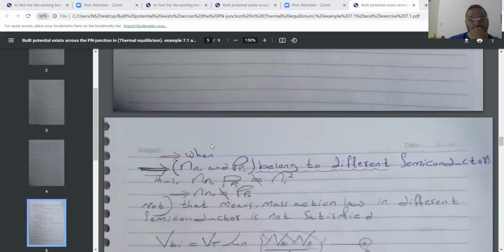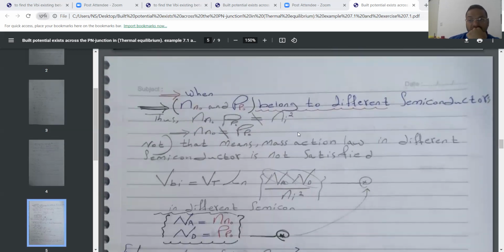Now, we have important notes here, this one and the next one. n_n0, the majority carrier electron concentration in the n-type, and p_p0, the majority hole concentration in the p-type, belong to different semiconductors. What will happen? This is important because we have a problem here. This n_n0 p_p0 doesn't equal n_i squared.